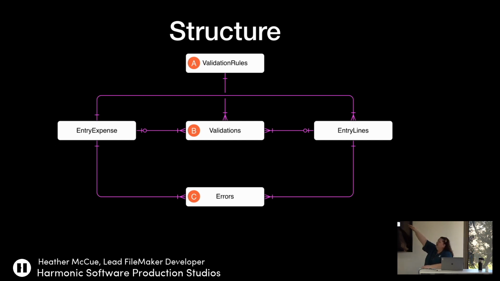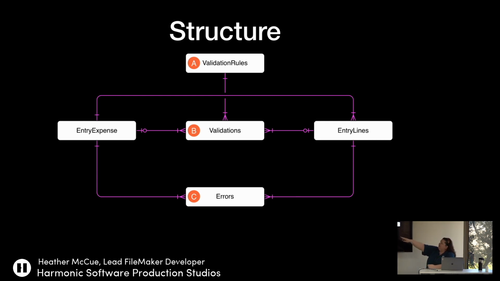We created a validation rules table where we can define the rules. This is where the evaluation comes in, and I'll show you that a little bit later in the presentation. We'll define a calculation that if true, they pass. If not true, it fails and it returns an error.